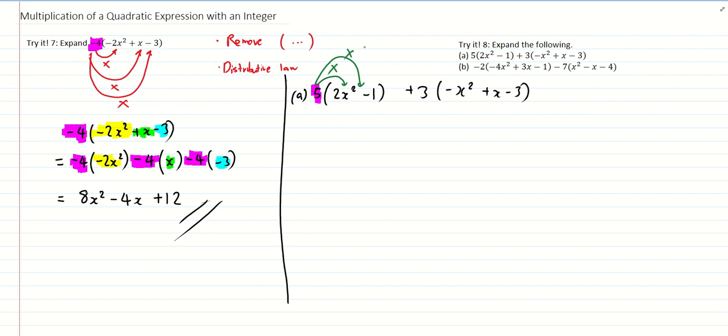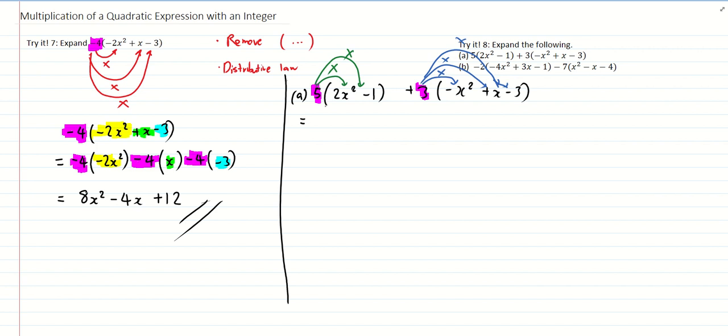And then this 3 over here will get distributed to whatever is inside the bracket. So negative x squared, then we have positive x, and then we have minus 3 over here. Okay, so how do we present our working?